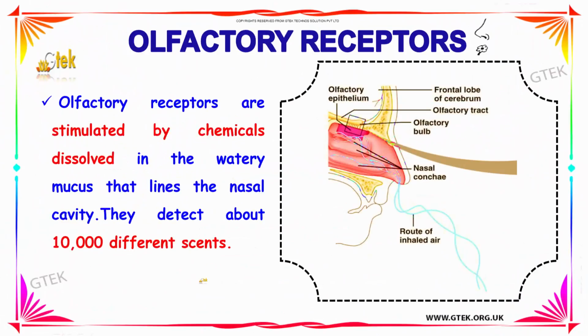Your olfactory receptors are stimulated by the chemicals which are dissolved in the watery mucus present in the nasal cavity. The lining of your nasal cavity is the mucus, and the watery mucus detects about 10,000 different scents.